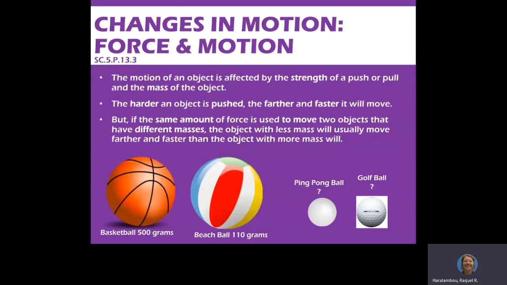They'll go the same distance, right? But if I were to push a basketball that is 500 grams and a beach ball that is 110 grams with the same force, which one will go further? Right, the one that weighs less. So depending on how much mass an object has, and how much force I apply to it, depends on how much motion will be caused on that object.